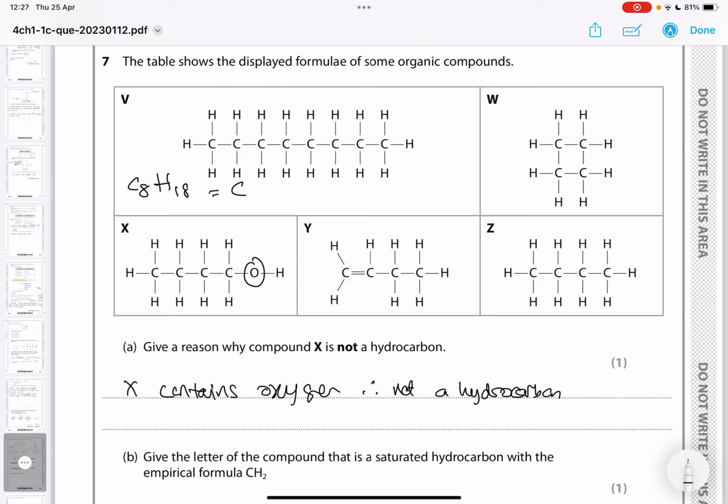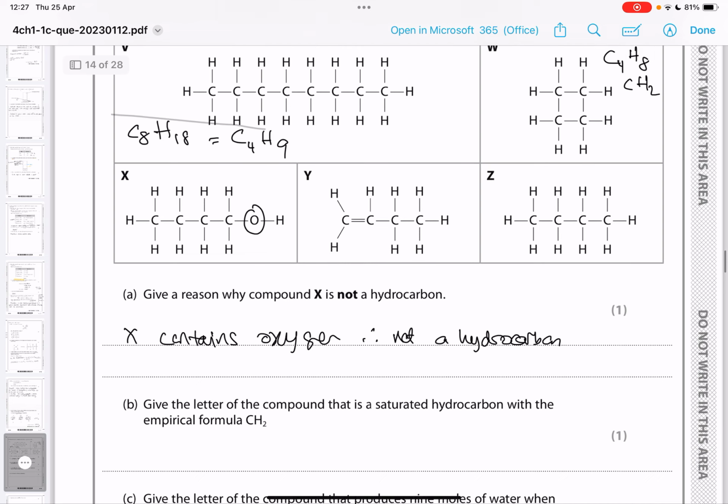If we simplify it, it will be C4H9, which isn't CH2. Now let's look at this. There's C4 and 8 hydrogens. If you simplify that, that's CH2. So that's going to be W then. And it's a saturated hydrocarbon. We have to check that. If it's a hydrocarbon, it only contains hydrogen and carbon atoms. Yep. And if it's saturated, it only contains carbon-to-carbon single bonds. Yeah. So W is correct.